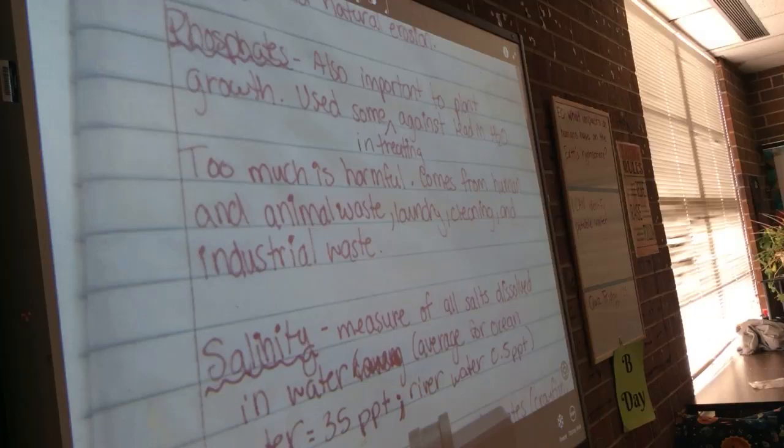So for ocean water, on average, and a lot of oceans are different, a lot of seas are different, but on average, ocean water is 35 parts per thousand when it comes to salinity. And what that means is for every 1,000 grams, for every kilogram of ocean water, there is 35 grams of straight up salt. That's a lot of salt.